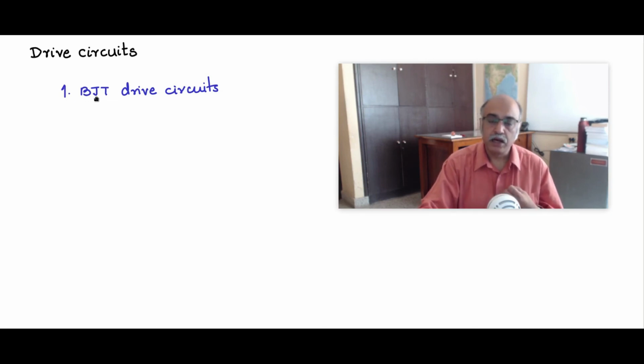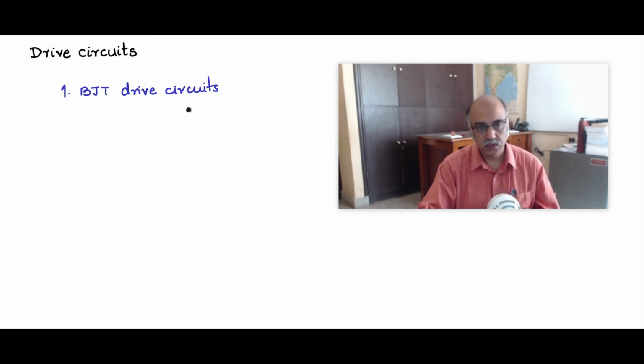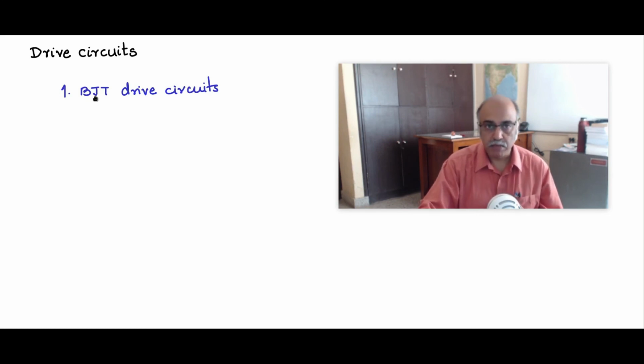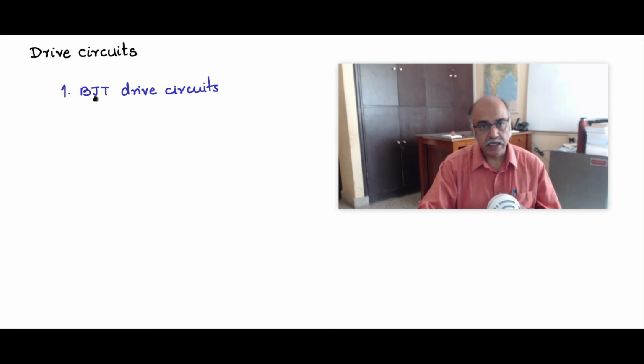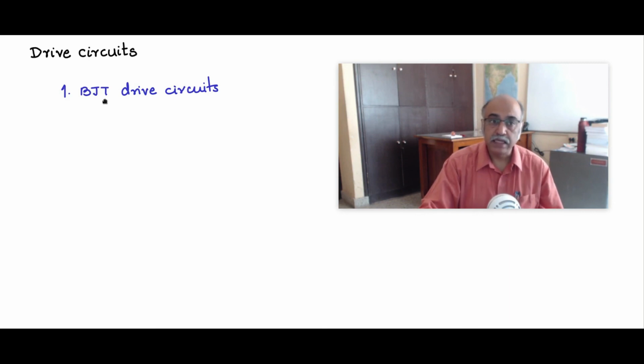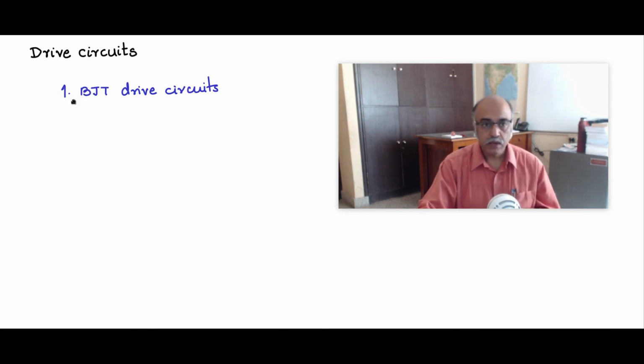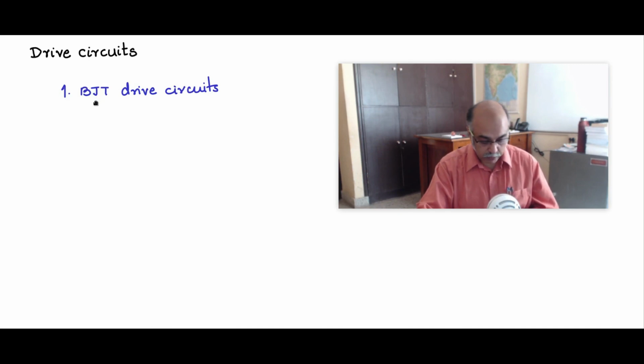They come in the drive circuits of almost all the power semiconductor switches, whether it be the BJT power switch itself, or a MOSFET power switch, or an IGBT power switch, or the more recent silicon carbide and GaN switches. The BJT comes as one of the circuit elements in the drive circuits. So this is very popular and very useful. We need to study that if we have to understand the drive circuit.